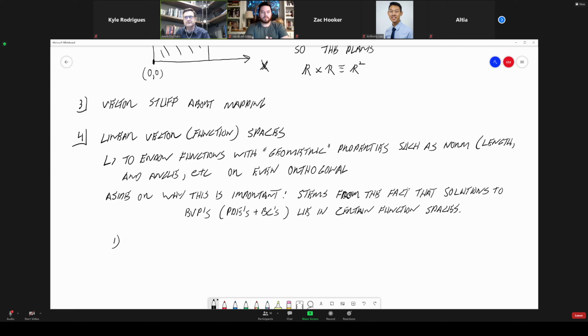So the first one, L2(omega), or L squared omega, is the space of square integrable functions in omega.